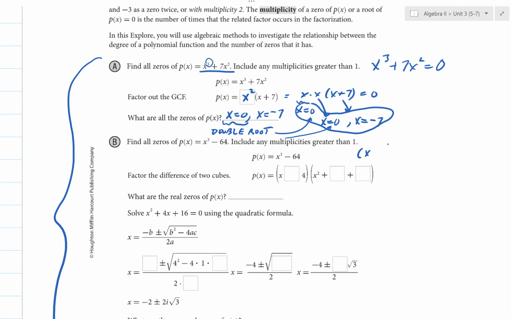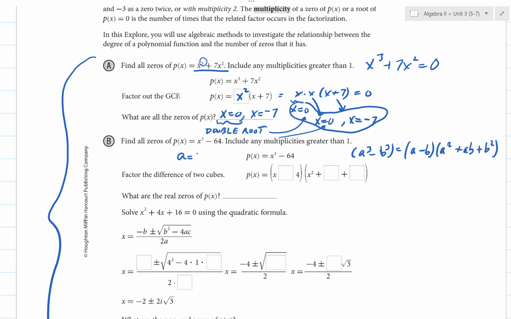A cubed minus b cubed is a minus b times a squared plus ab plus b squared. So that's the difference of cubes formula that we saw a few days ago. Since in this one a would be x, and b is 4, we're going to have x minus 4, x squared plus, what would the middle term be? 4x. 4x, and then the last term? 16. 16. B squared is 16. And so we have that factored completely now.